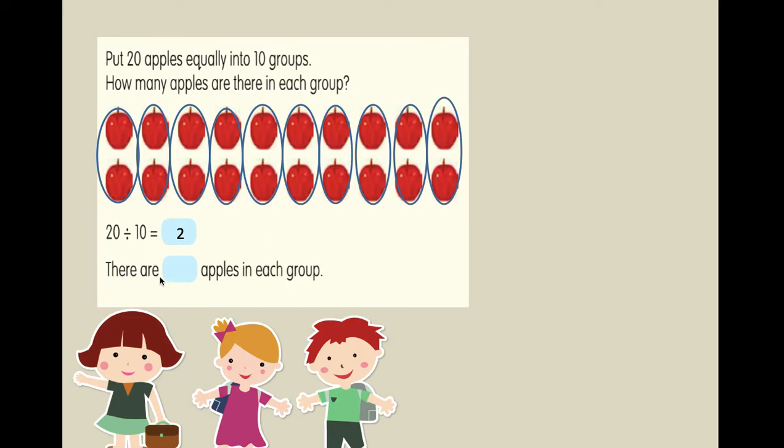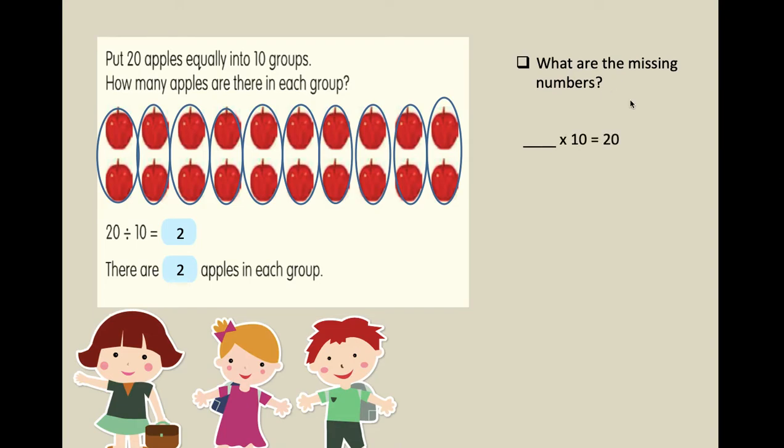There are dash apples in 2 groups. There are 2 apples in each group. Now let's go for the missing numbers. We have to write the multiplication and the division number sentences. Now let's find the missing numbers here.